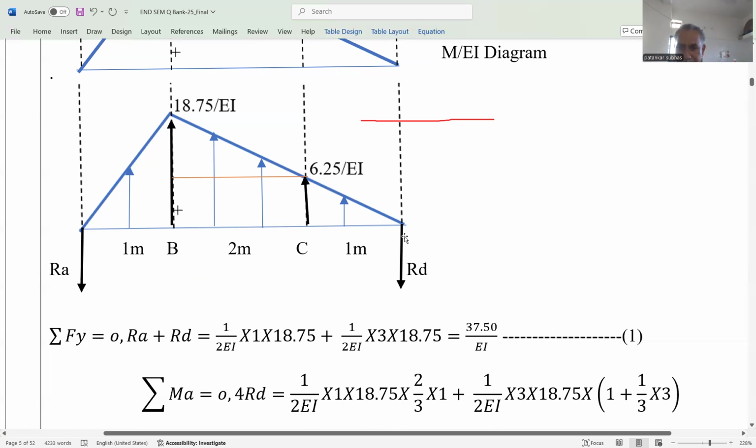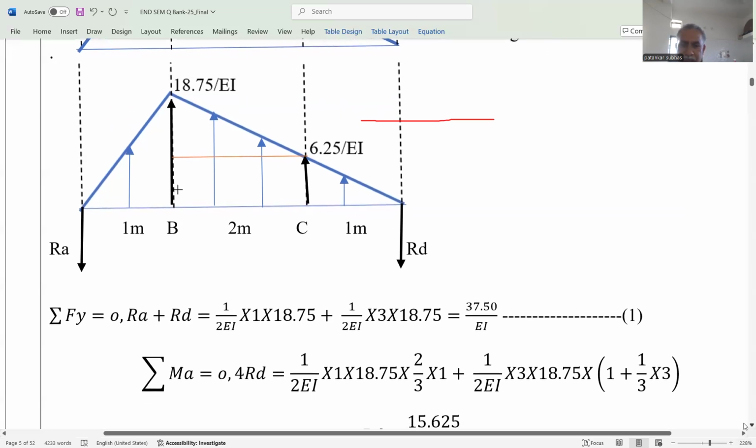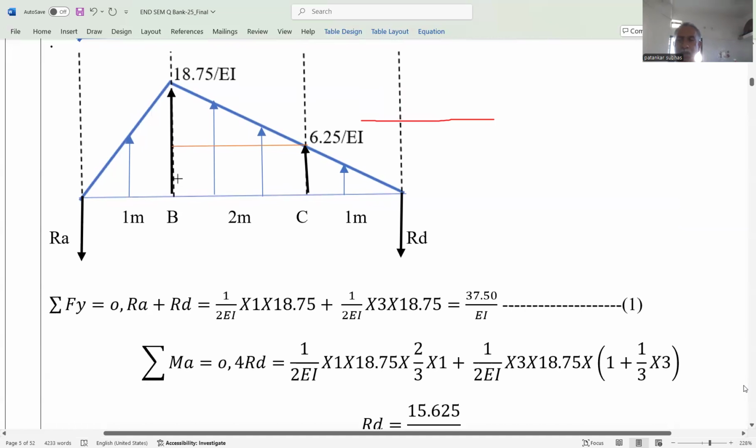Or we can consider RD multiplied by 1, then the area of this triangle, half, base is 1 meter into height 6.25 divided by EI, that gives the moment at C. Okay, we get the same answer. Here generally we are more comfortable using left to right. That's why I have shown the calculation from left to right.